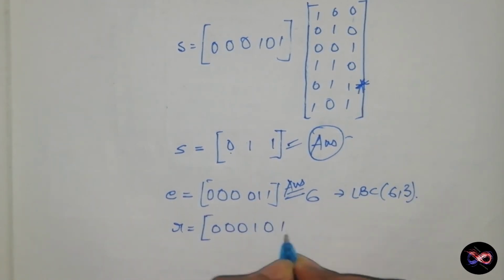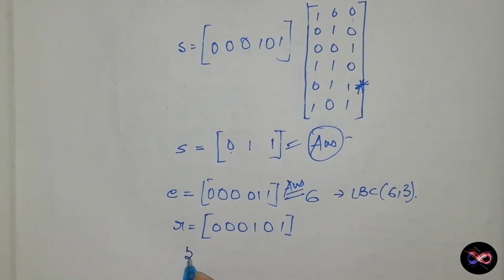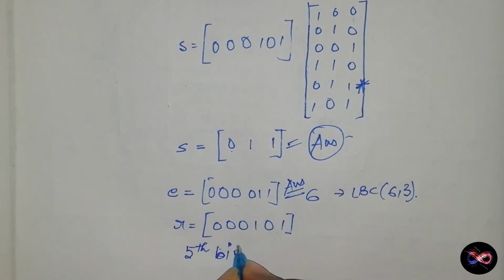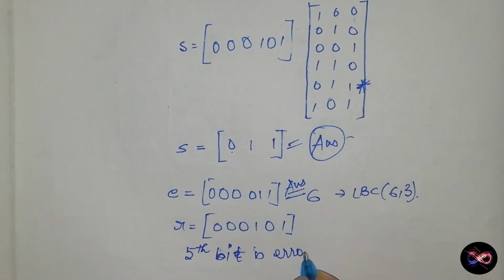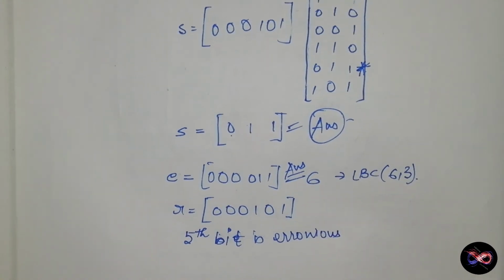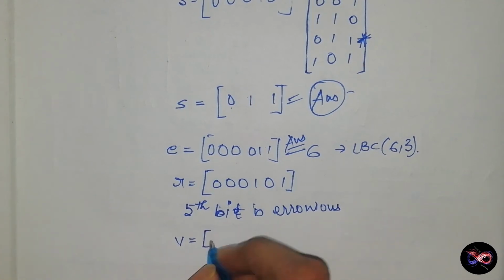So the received code, we know, is 000101. So the 5th bit is erroneous. So simply we will change the 5th bit to get the transmitted code.